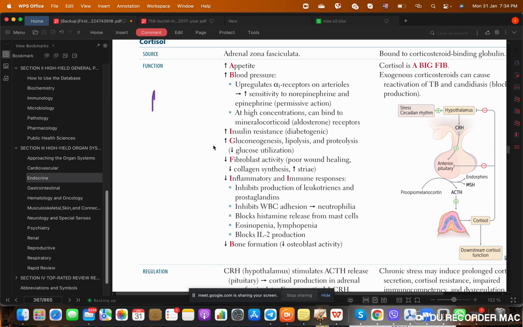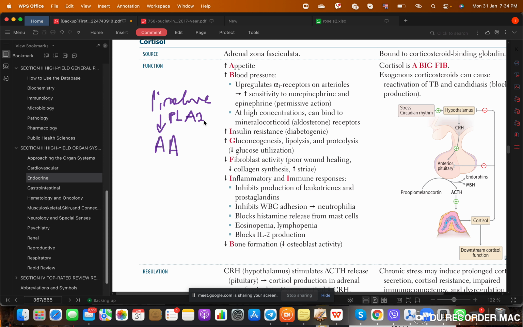So there is something called linoleic acid. Cortisol can function in two pathways, not one. The linoleic acid gets converted into arachidonic acid. The conversion is mediated by phospholipase A2.